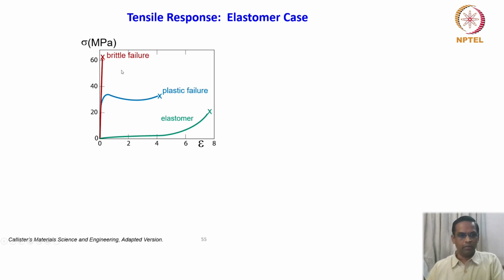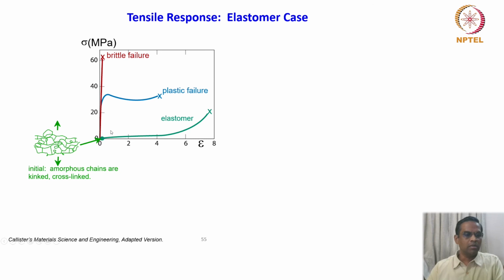If you talk about brittle and plastic behavior, now we'll talk about the elastomers. Elastomers, to start with, are all amorphous chains, entangled, could be completely kinked and cross-linked chain molecules. That is the starting point. As the deformation proceeds, it is going to absorb quite a bit of strain up to this point, which is still reversible.